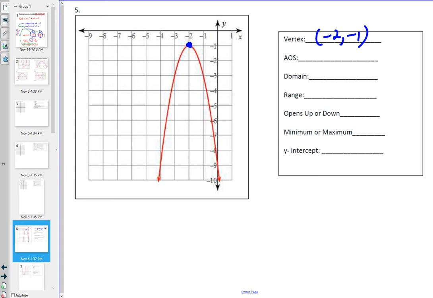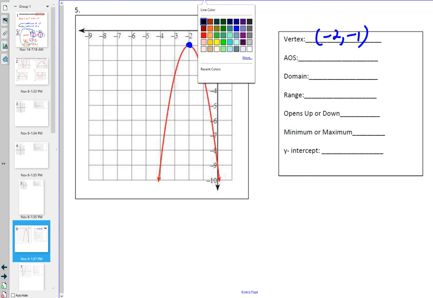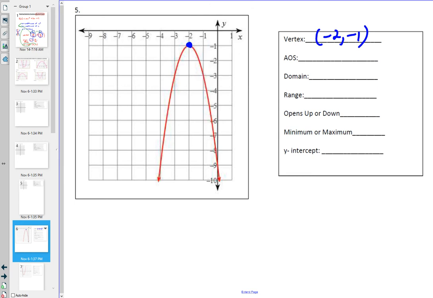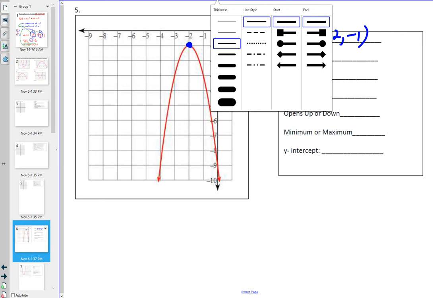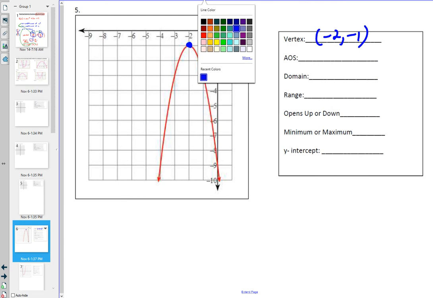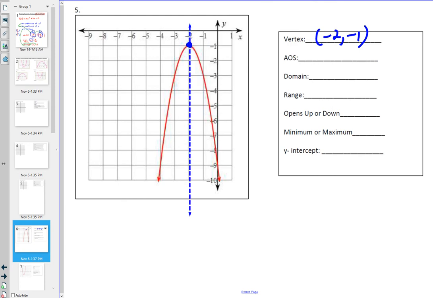If I were to draw it here, with the tool I have, the smartboard, I use these broken lines. For you, I would just draw lightly on your paper. An axis of symmetry goes vertically right through the vertex. And then on each side of that axis of symmetry, the parabola should be a mirror image of the other side, like looking in a mirror, like its twin.